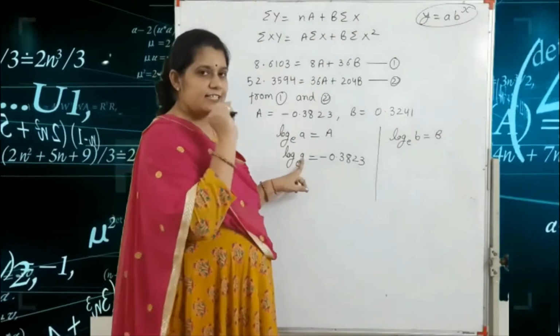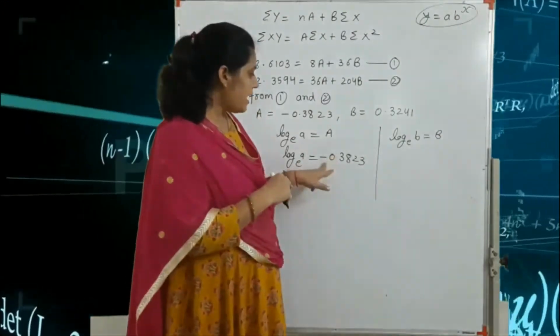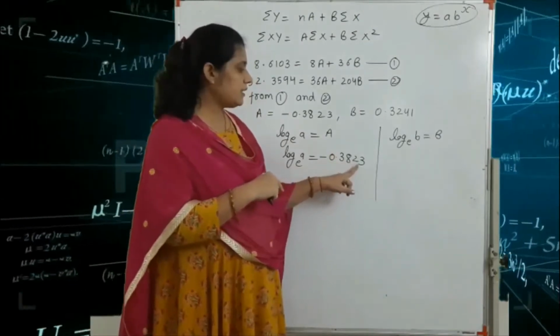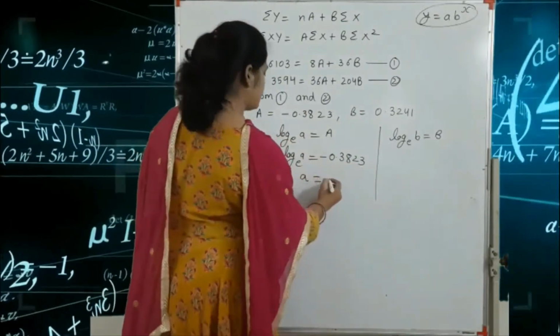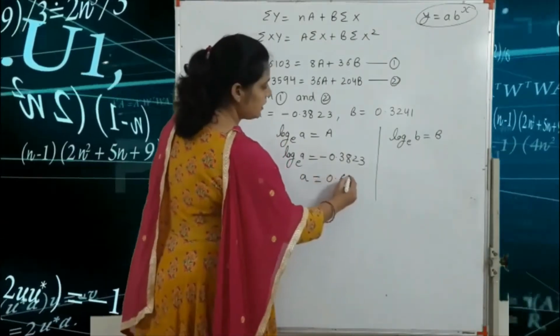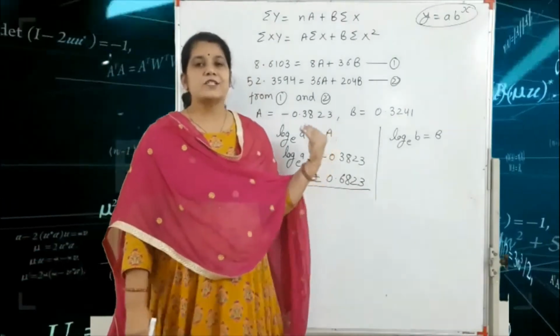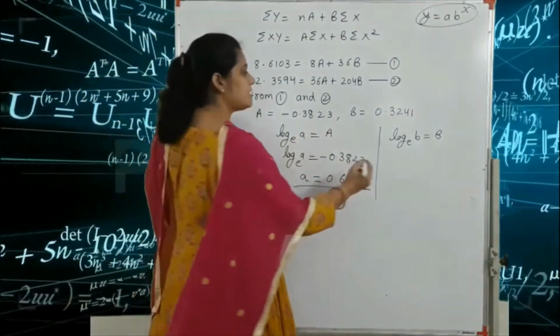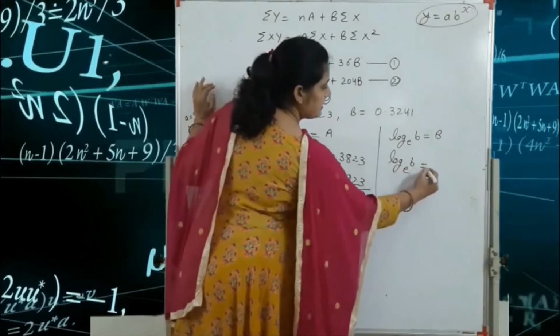Then in the calculation we write here e raised to the power minus 0.3823. So we get the small a is equal to 0.6823. Okay, so same right here as it is. So log small b base e is equal to what?